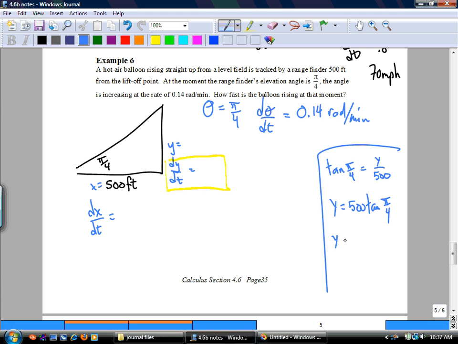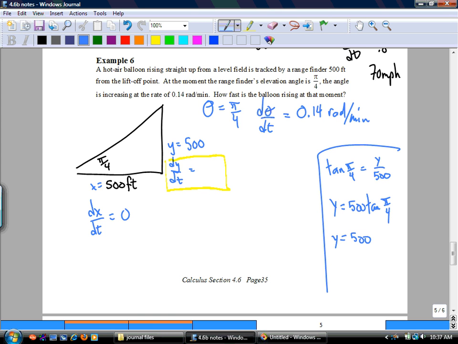So we know this is 500. No, the hypotenuse is 500 root 2. But dx dt, what is it? 0. He's not moving towards the balloon, is he? No.